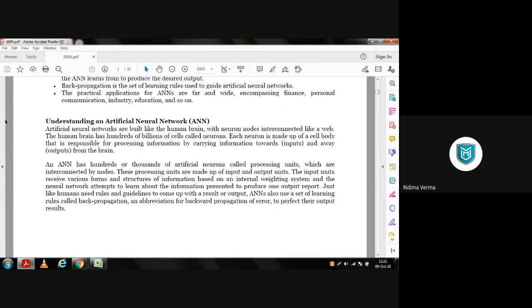Just like humans need rules and guidelines to come up with a result or output, ANNs also use a set of learning rules called backpropagation, an abbreviation for backward propagation of error, to perfect their output results.